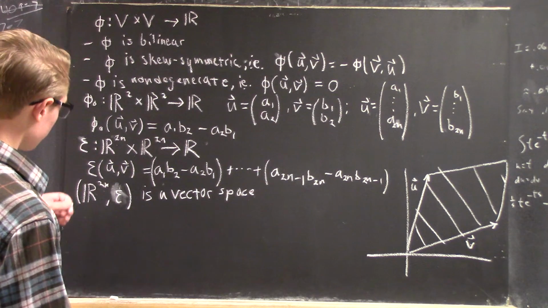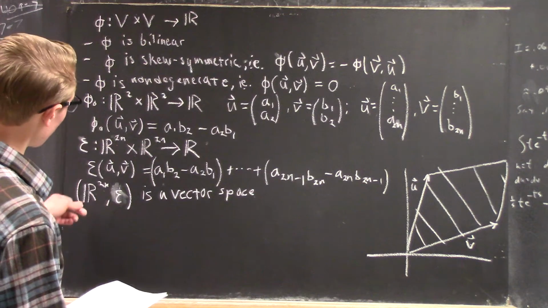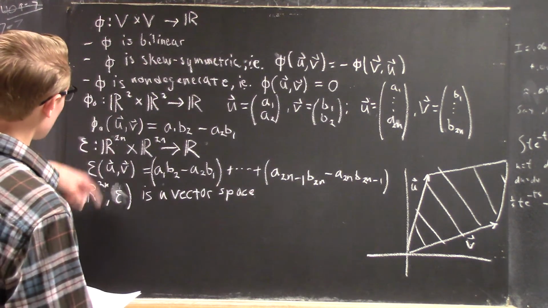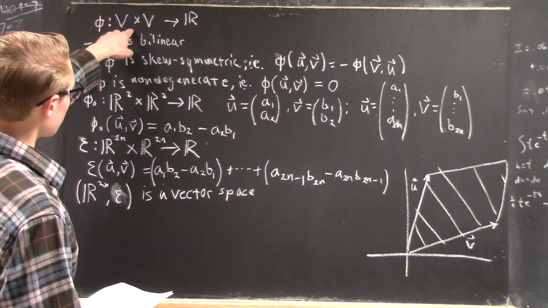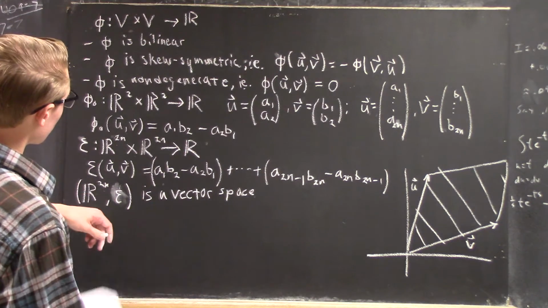And if we had, by using phi naught, phi of v cross v is the transformation of.